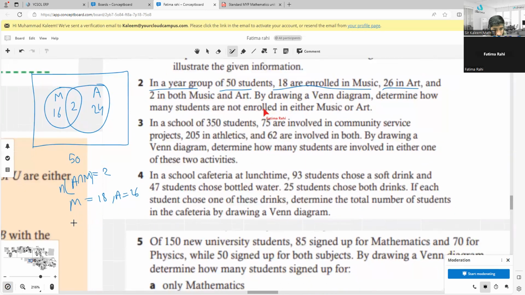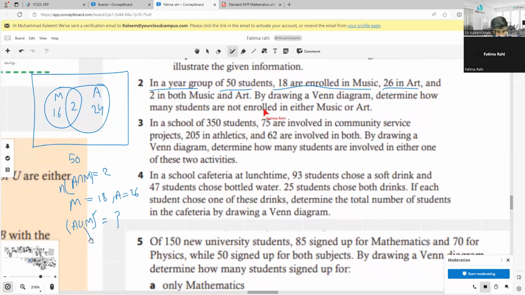We have to find the students not in arts and not in music. That means we have to find the complement of A union M.